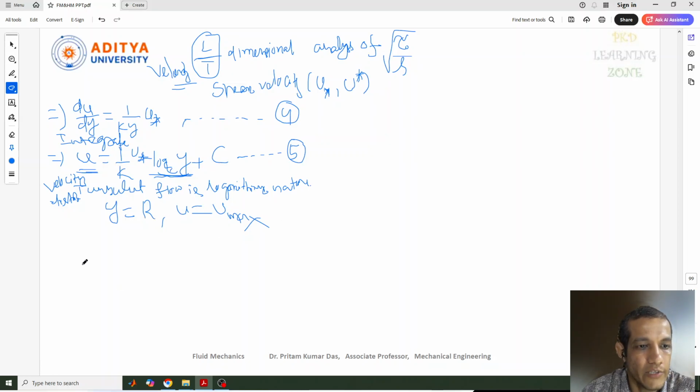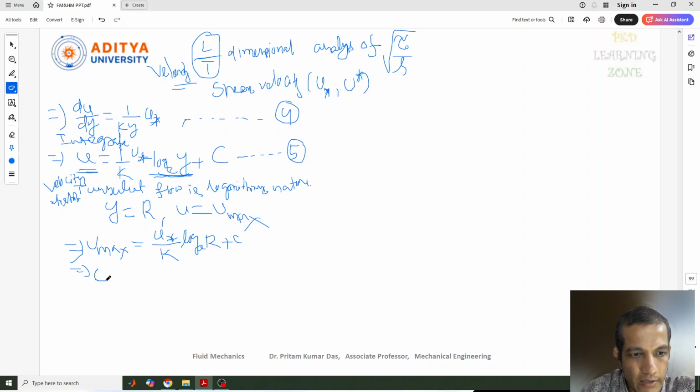Putting this value in this equation, we get u max equal to u star by k, log e r plus C. Now I'll keep this C on one side and the remaining terms on the other side.